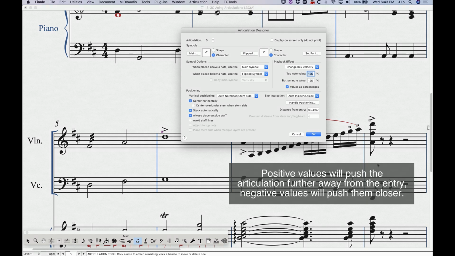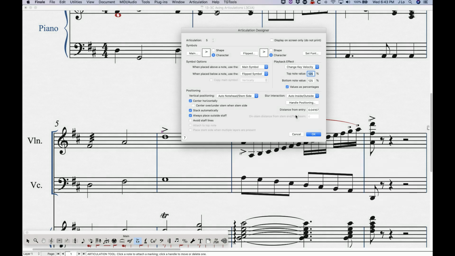In the case of stacked articulations, it will be the distance away from the next articulation closer to the note, right? If that makes sense. So if the stack's going upwards, this will be the distance away from the articulation that's directly below it, okay? And what's happening here with this distance from entry is that this value is telling Finale where to place the handle, which is connected to that invisible bounding rectangle that I talked about in your character.